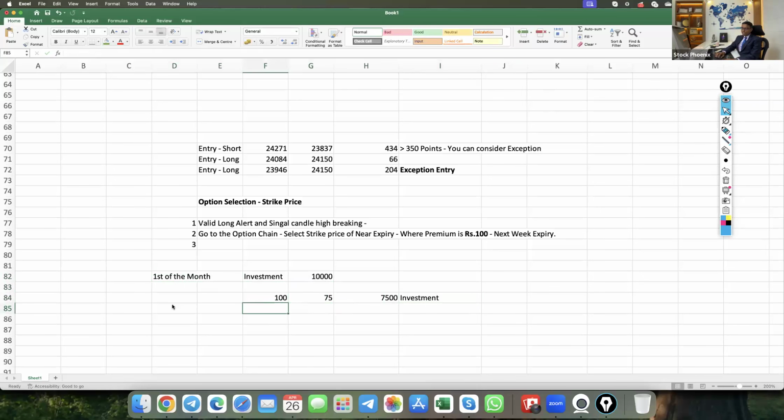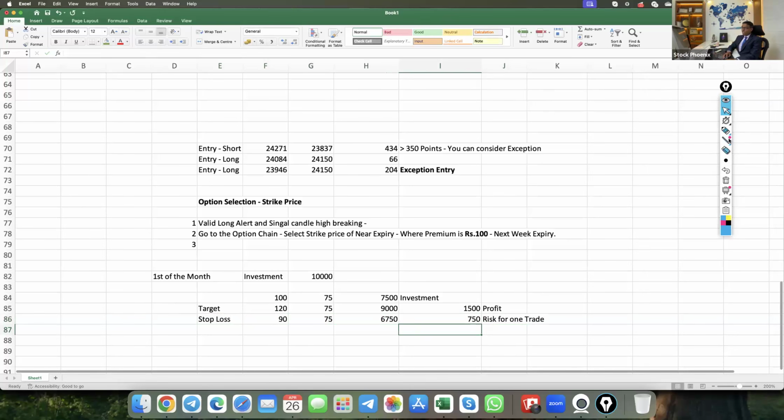Once you take an entry, put a target of 120, where your profit is 1,500. Put a stop loss of 90 rupees. Risk is 750, risk for one trade.